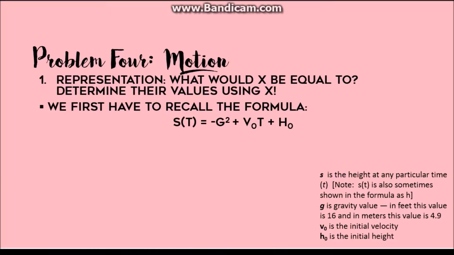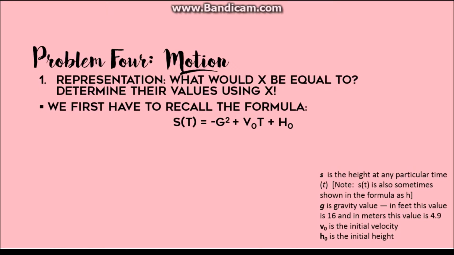It is s, the height at the particular time, and t, of course, is time. So it's just like height at a particular time. The formula there is negative g t squared plus V0 t plus H0, and we're going to use this as a basis for our representation and therefore our equation as well.